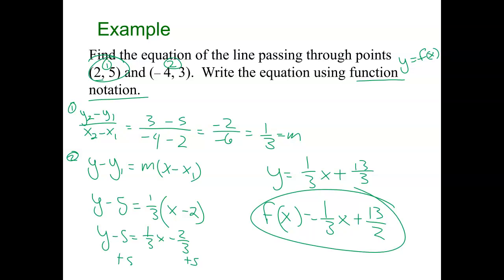Same steps, different output. So you have to look for what the question wants. There's some vocab you have to make note of: function notation, standard form, point slope form, slope intercept form. You need to be aware of what the question is asking for, which will require you to read the question, which is the eternal struggle of high school students.